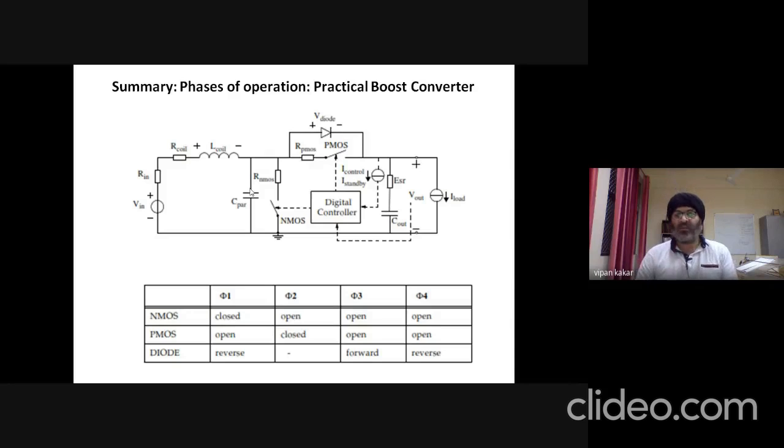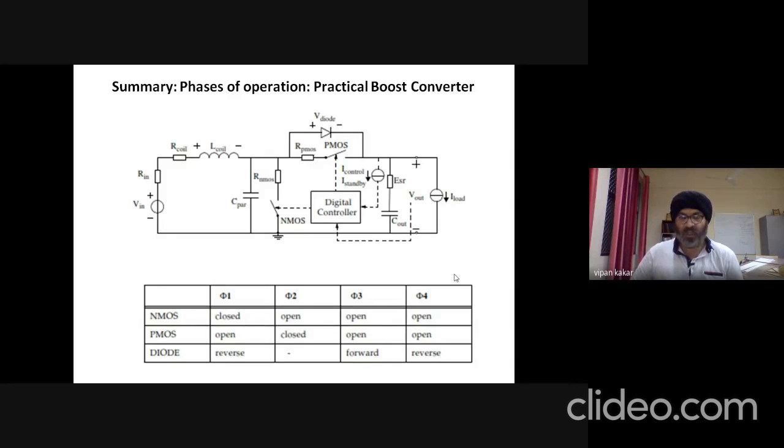And in our mathematical analysis of this boost converter, we dealt with the 2 phases, continuous conduction mode. So here we have already done 3 types of analysis. First, qualitative analysis, basic theory, no mathematics.